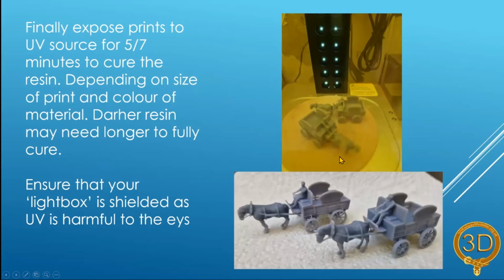You can use a UV lamp. If you use your own UV lamp, make sure you've got it shielded for your eyesight protection. And again, these sorts of things are 5 to 7 minutes to cure. It will depend a bit on the resin, the size of the print, the color of the material. The darker resins tend to need longer to fully cure, and then you've got your two cured prints coming out there.